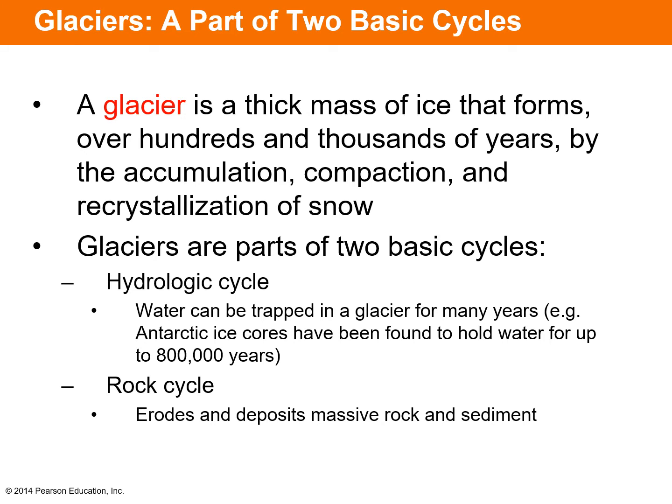Water can be trapped in a glacier for many years. One really cool example is that Antarctic ice cores have been found to hold water for up to 800,000 years. So you can core ice that's 800,000 years old that has evidence of what the environment on Earth in that location was like 800,000 years ago.